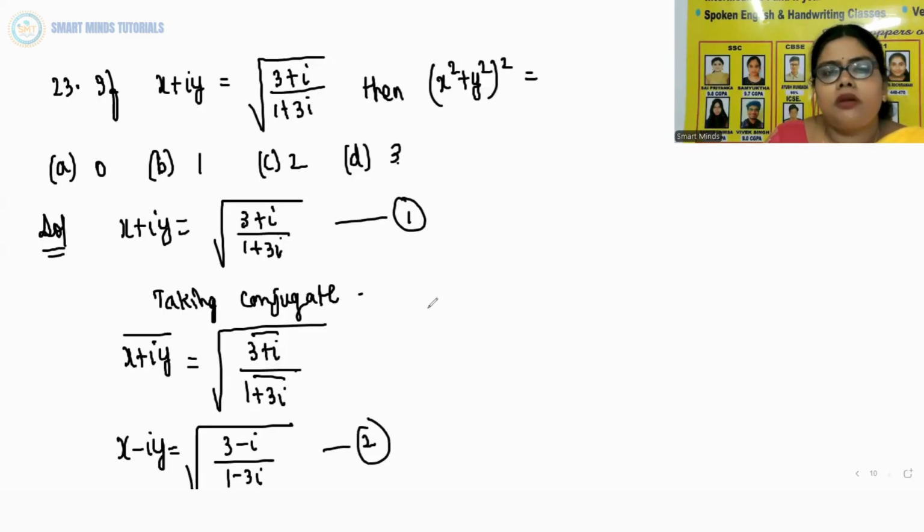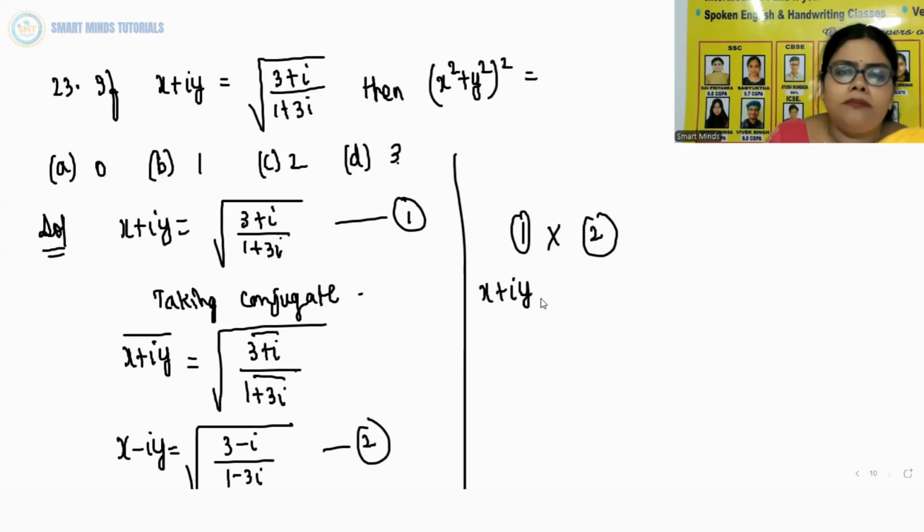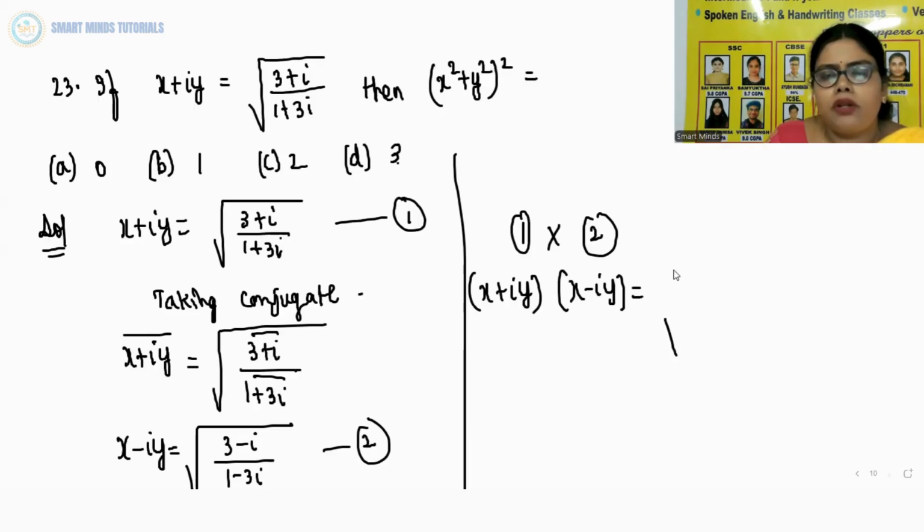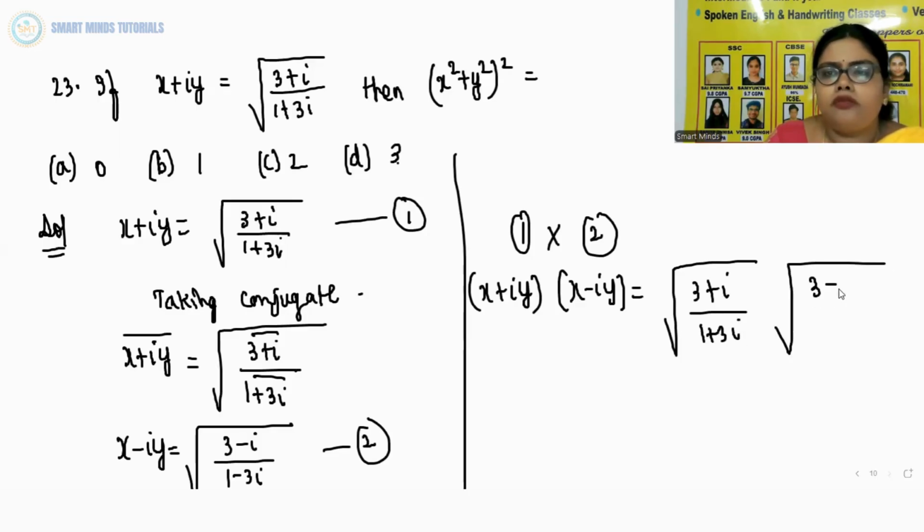This is equation number 2. Now if we multiply 1 into 2, x plus iy into x minus iy is equal to square root of (3 plus i) by (1 plus 3i) into (3 minus i) by (1 minus 3i).